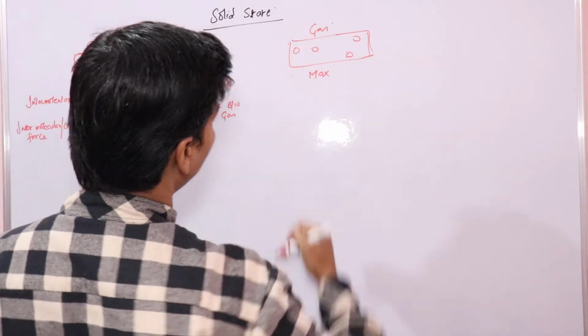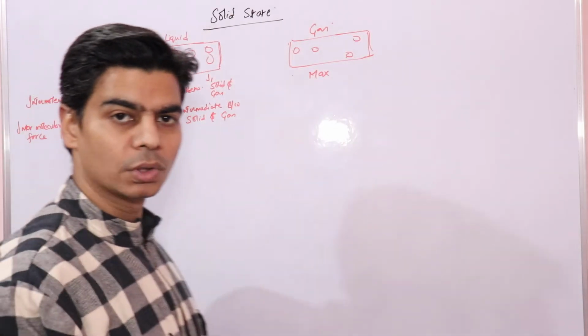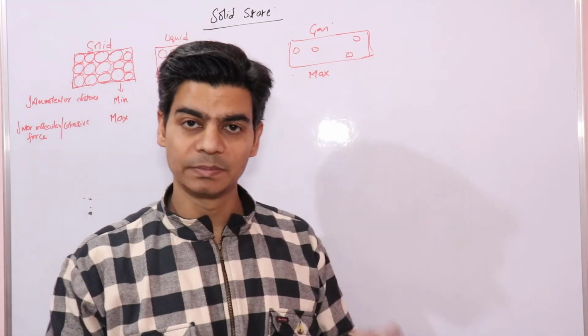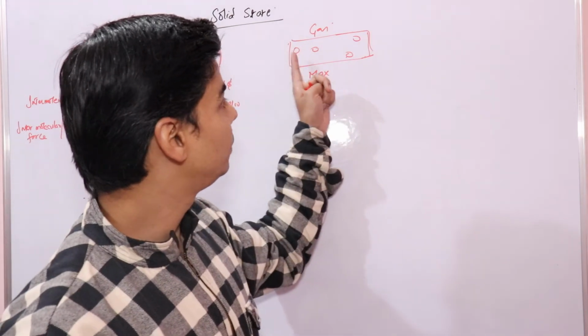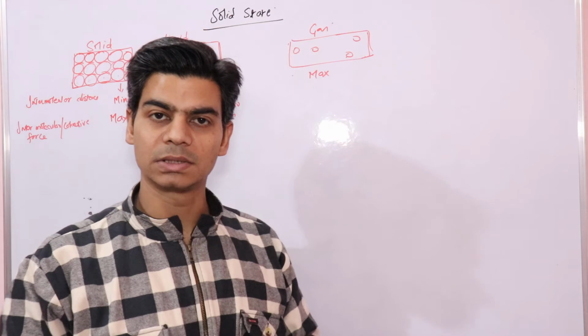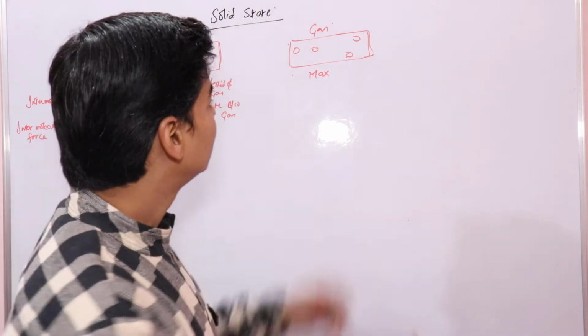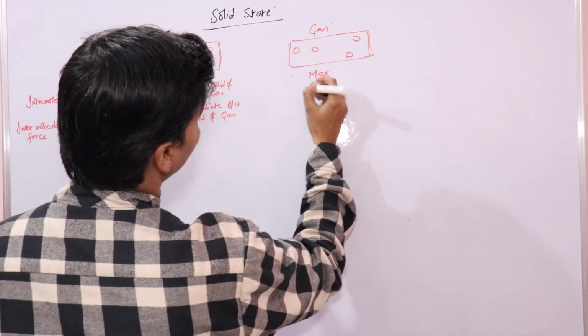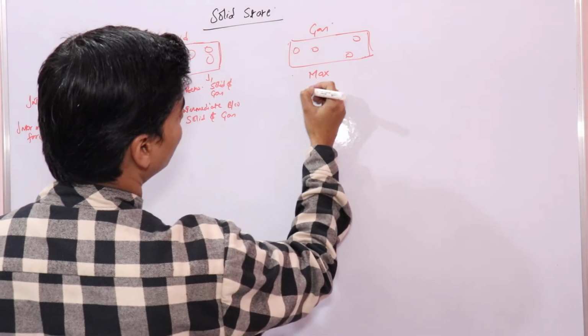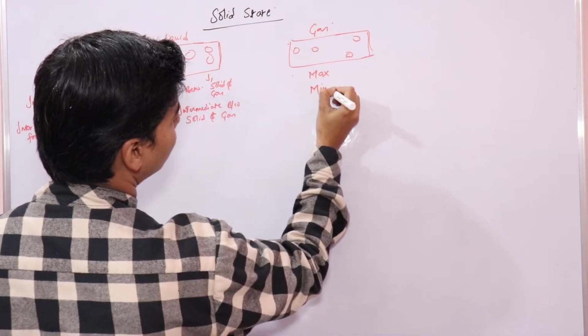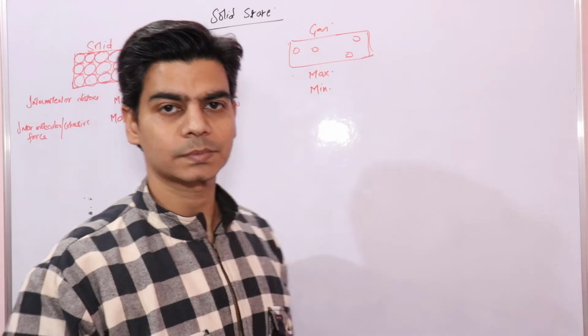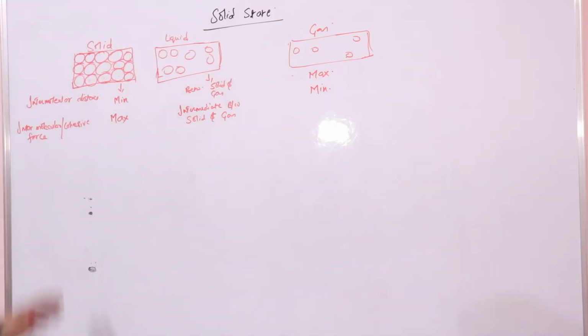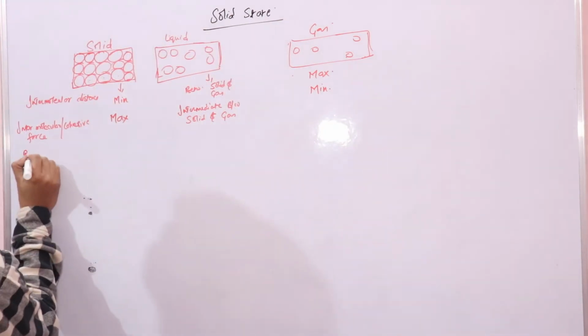And the intermolecular or cohesive force in gases is minimum because the distance between the particles is maximum.